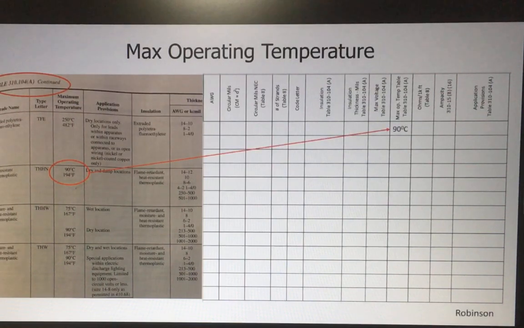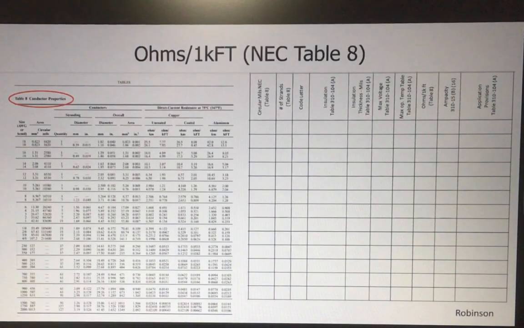Again, if it's THHN and you can make it all THHN, it'd be 90 degrees C. If you have THW, it'd be 75. And if it was TW, it would be 60. Then you have your conductor properties, ohms per 1,000 feet. We use the coded ohms. So if you look here, coded ohms per K feet, and you would put that in there.